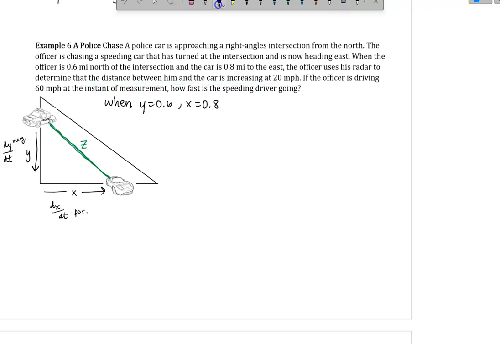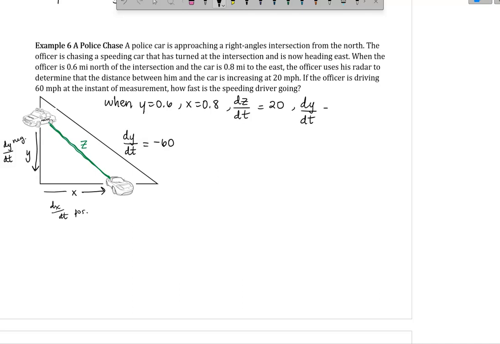So dz/dt is 20 miles per hour. They go on to say that if the officer is driving 60 miles per hour at that instant, that gives us how fast y is changing. It gives us the rate of change of y. So dy/dt is equal to negative 60, and it's negative because y is decreasing. I'll add that up here.